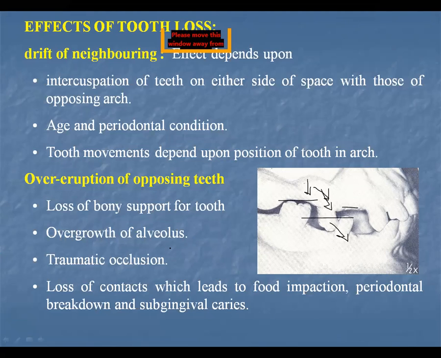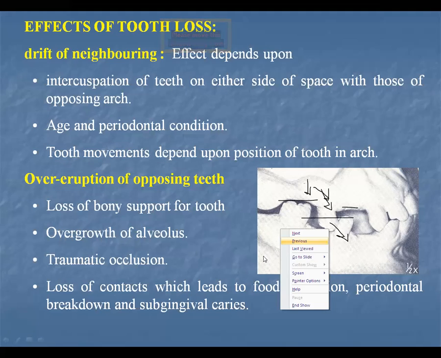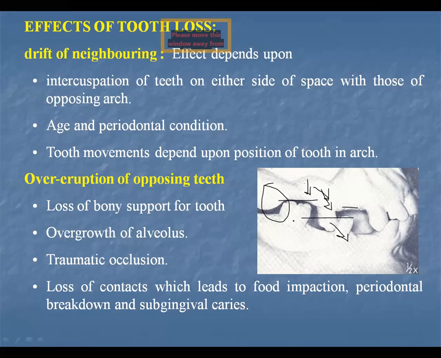So basically the first one is the loss of bony support for the tooth. If there is supra eruption or over eruption of the opposing tooth, that will lead to loss of bony support for the same tooth. There can be an overgrowth of the alveolus also. You can see here an overgrowth of the alveolus if the patient doesn't have any opposing tooth. You can have traumatic occlusion.